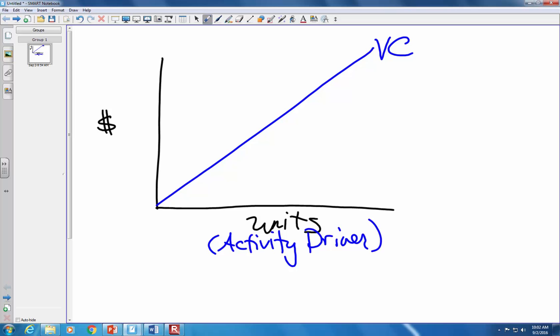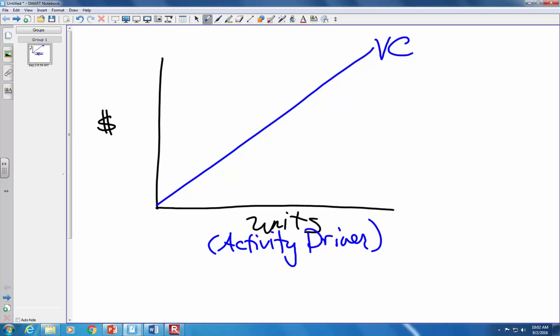It varies in total. It stays the same per unit, but it varies in total volume. So the more units you sell, the more it costs. The more units or the more kilowatt hours or the more machine hours. So now we're moving from a very stringent definition of volume from units to activity driver.